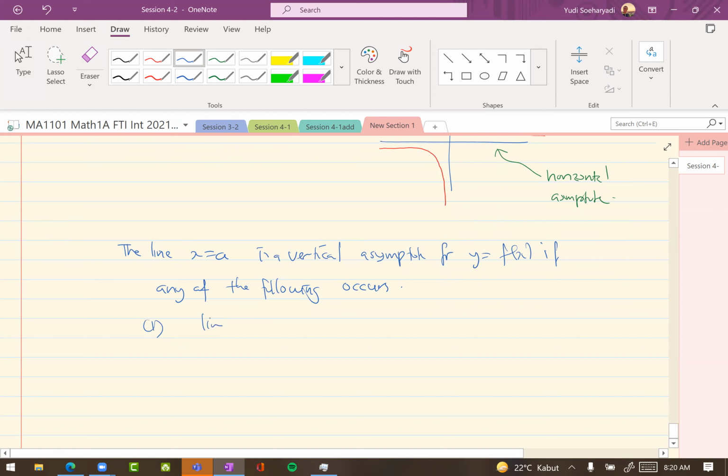One, x going to a from the right is plus or minus infinity.